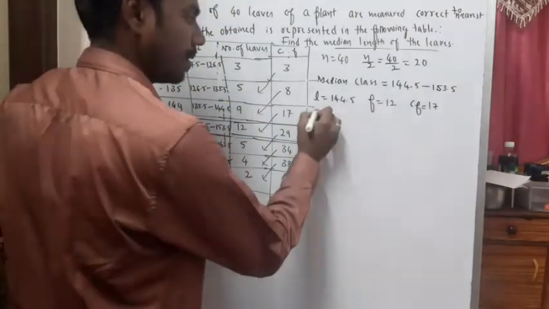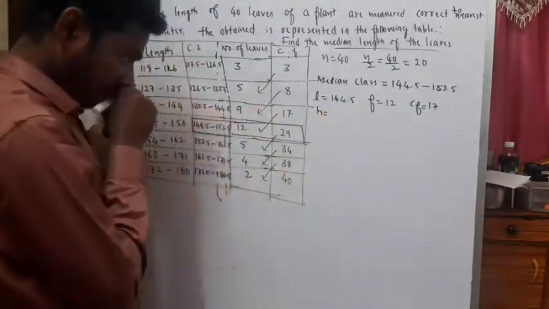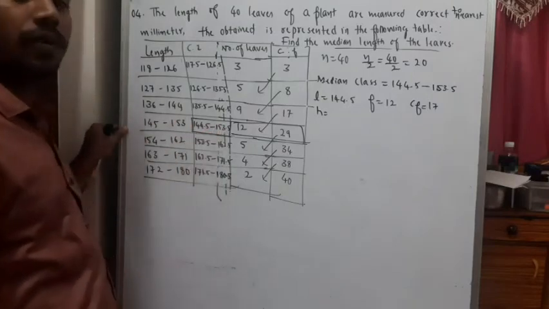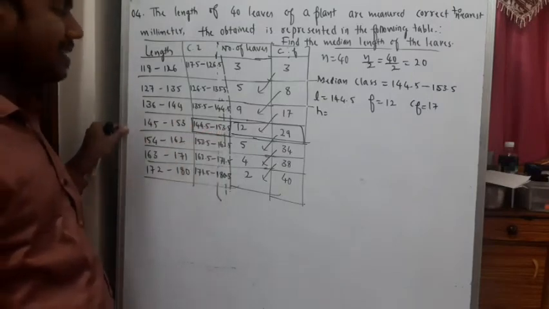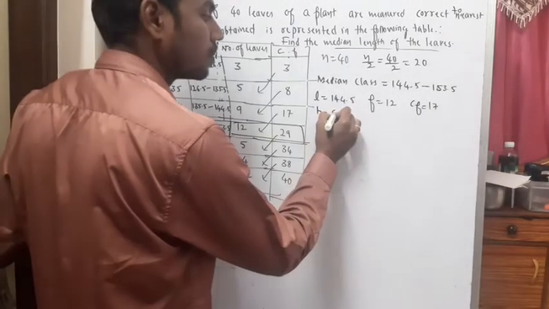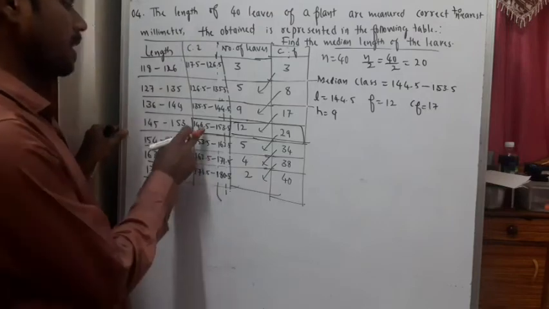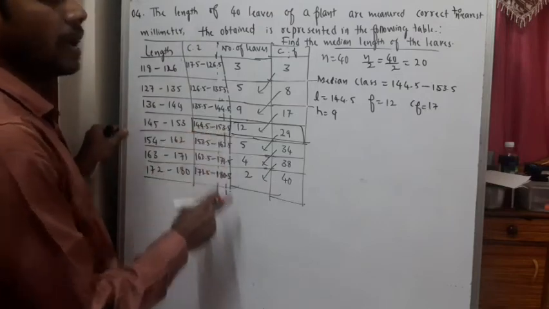Next, H, the size of the median class, 153.5 minus 144.5, so that is 9.